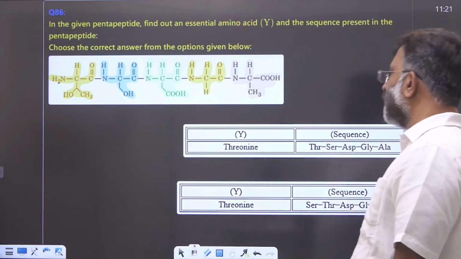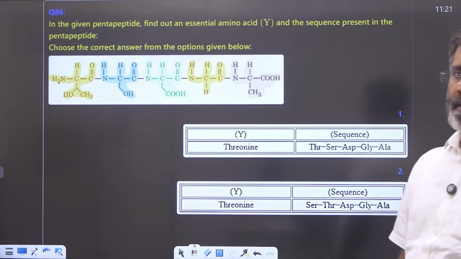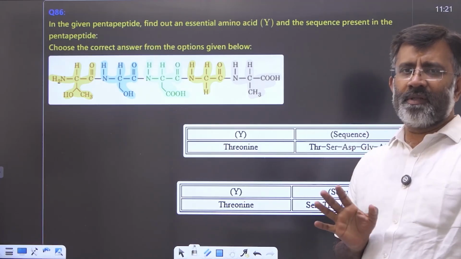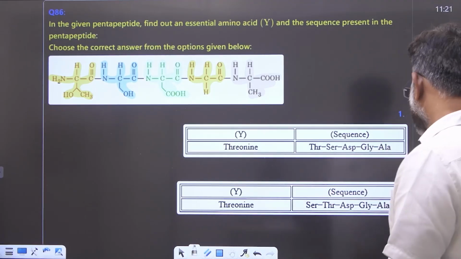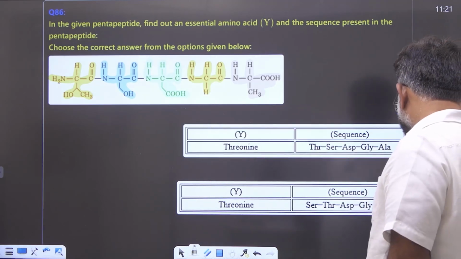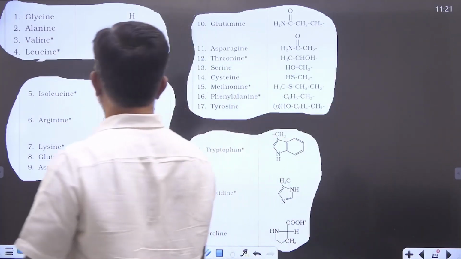Let us understand what is the first one. First one, I hope you understand, it is threonine. Without knowing the structure, you can't answer this. Please understand. First amino acid from the left, hope you know, that is threonine.